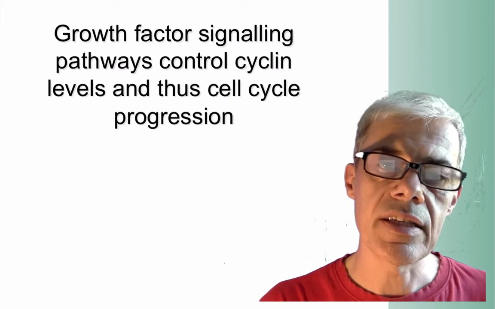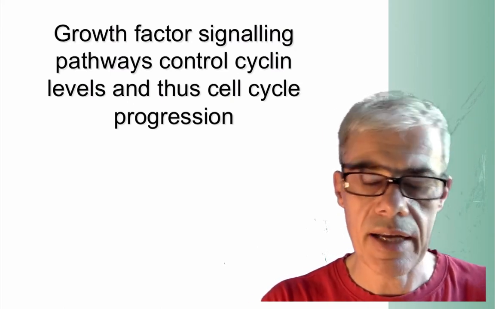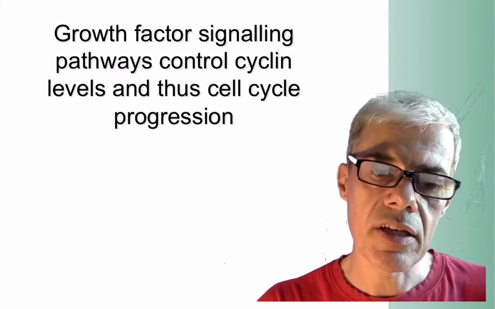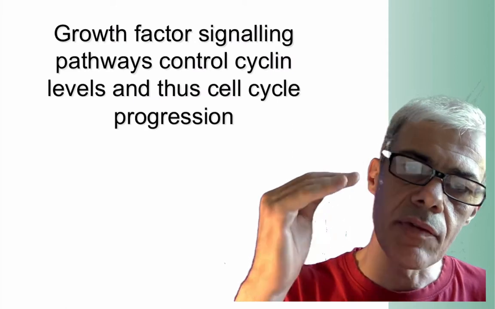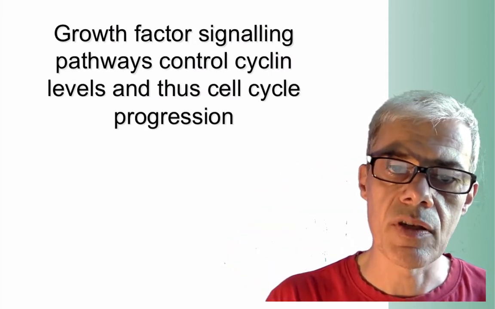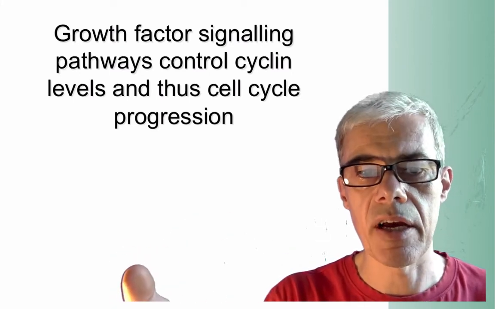So cell growth is instigated by growth factors. You add growth factors to cells and cells begin to grow. Okay, so we need to have an understanding of the signaling from the growth factor to turn on the cyclin, so that the cyclin can then activate the pre-existing cyclin-dependent kinase.